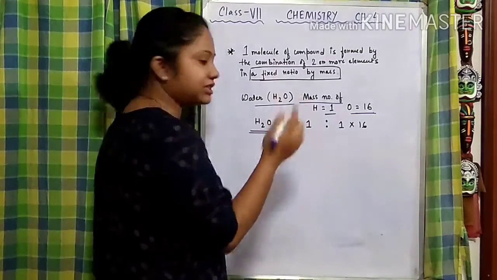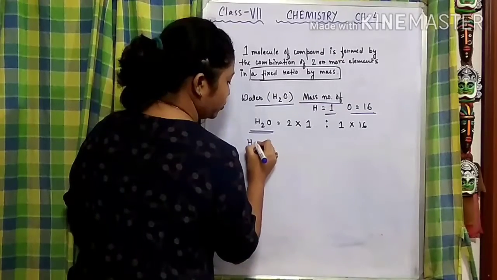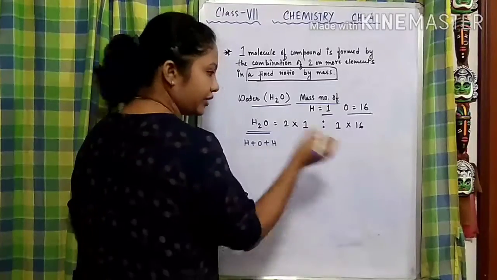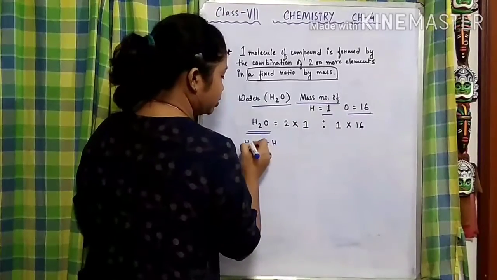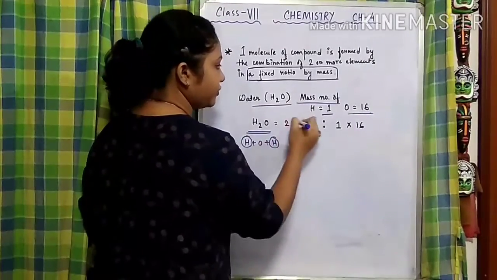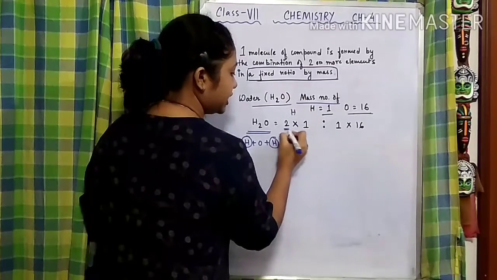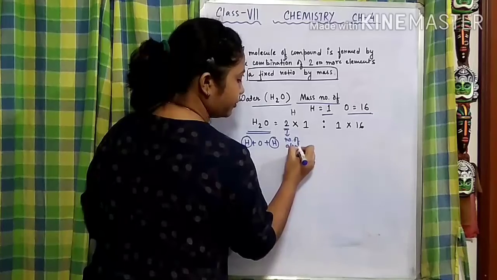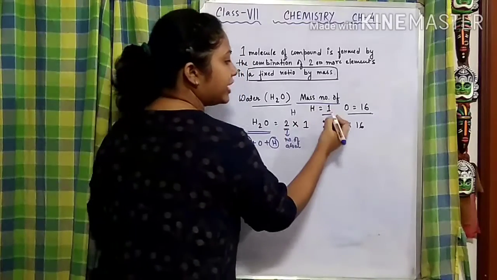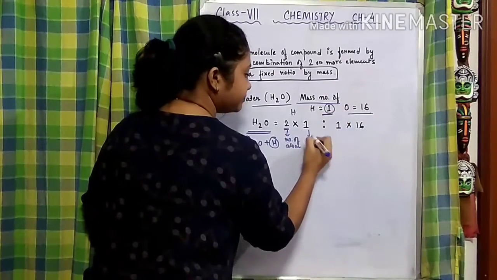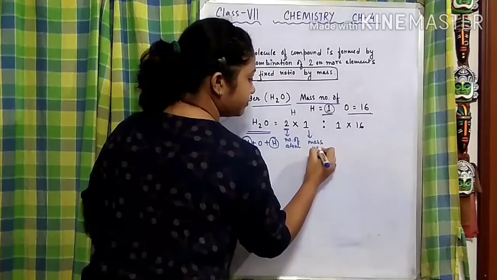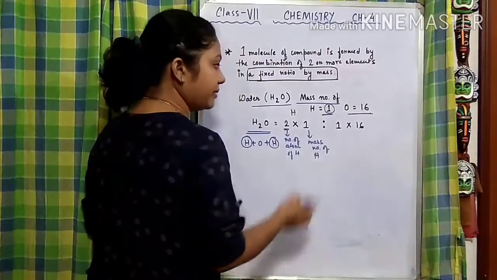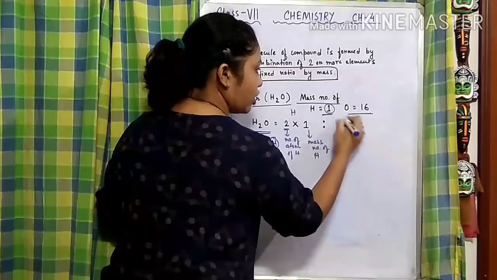That means 2 hydrogen and 1 oxygen, right? Now, for 2 hydrogen, first of all, the number of atoms we have taken is multiplied with what? The mass number of hydrogen. Similarly, we have done with oxygen also.